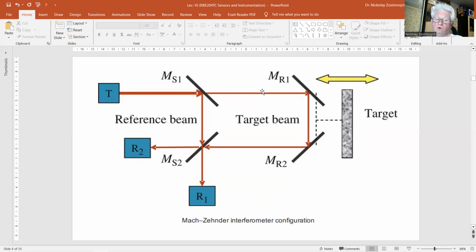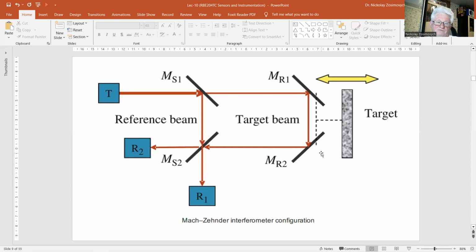Again, two coherent light waves are involved. The reference wave travels over a fixed distance via semi-transparent mirrors MS1 and MS2 at the bottom, and the other reflects at a set of mirrors, MR1 and MR2, fixed on a movable target.